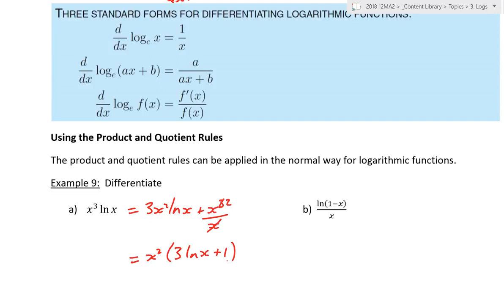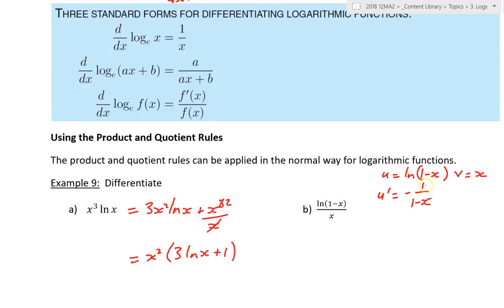We're going to have to use the quotient rule here. Be careful. It's late, I'm tired, and it's easy to get this wrong. So I'm going to say that u is the log of 1 minus x, v is x, u prime is negative 1 over 1 minus x, which, just to get rid of that negative, I'm going to multiply the top and bottom by negative 1.